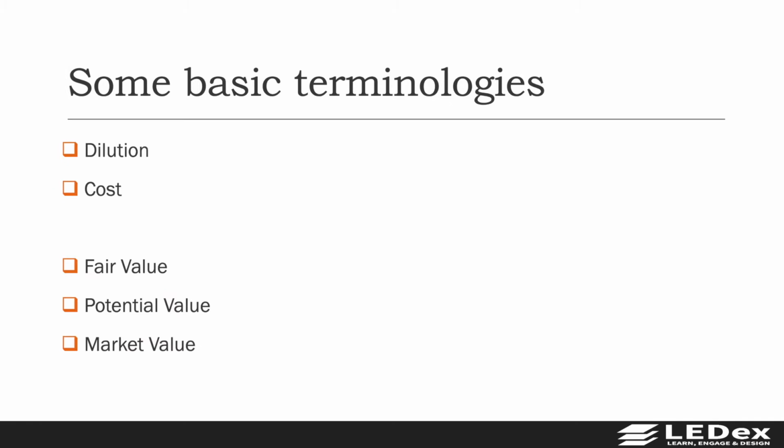Some basic terminologies as we get into the details of design parameters and the different trade-off points. There is an aspect of dilution that needs to be considered with stock awards.